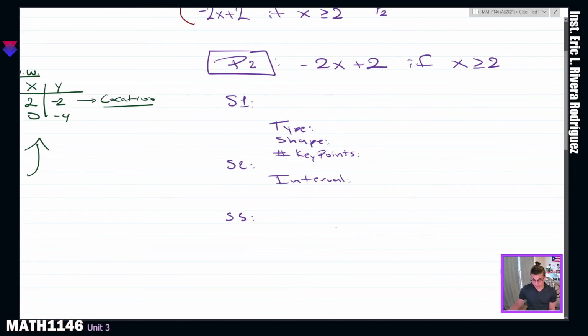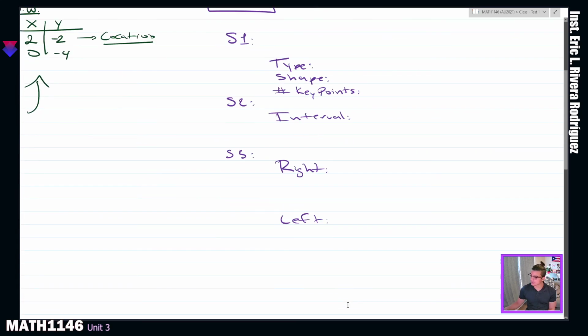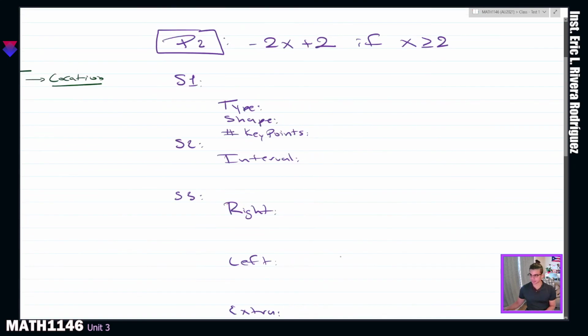And for step number 3, we need to get the right boundary location or point, the left boundary, and any extra if needed.